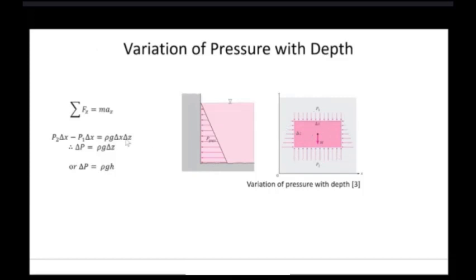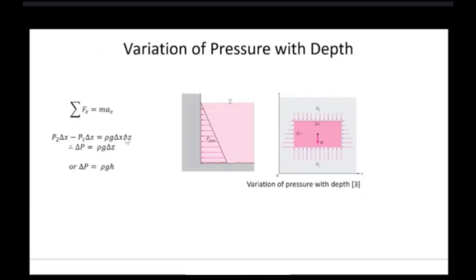So there's delta x, delta z. The acceleration, let's take g, this is in static equilibrium, so acceleration due to gravity is at 1g. So rho, delta x, delta z, that's my mass, g, that's my acceleration.